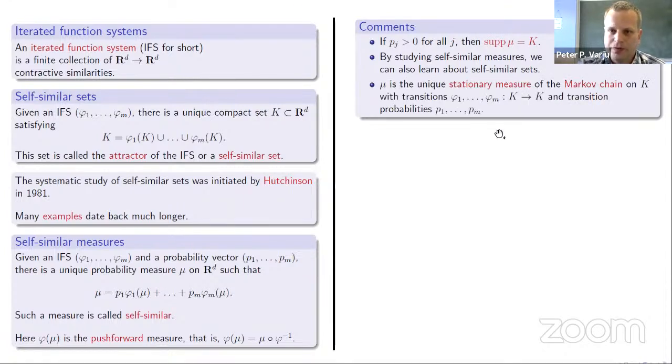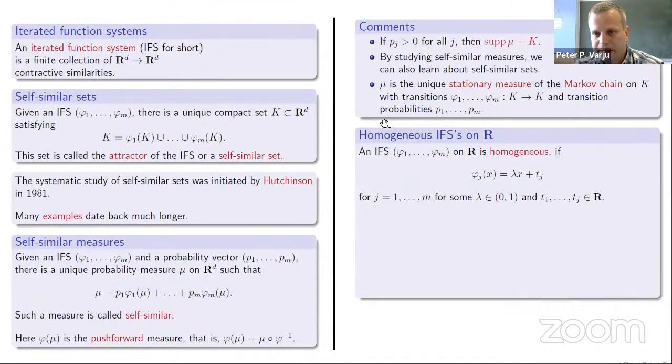So another way of defining self-similar measures, if you like Markov chains, is that the self-similar measure is the unique stationary measure of a Markov chain, where the transitions are the maps that you have in the IFS, and the transition probabilities are the probability weights p_1 up to p_m.